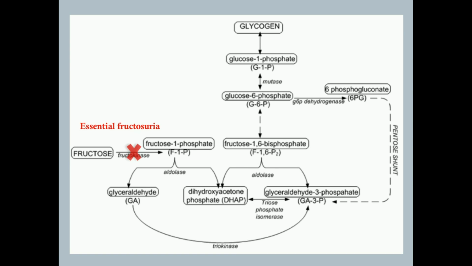I imagine it might be possible that if these people have a diet really high in fructose, since all that fructose gets urinated out, they aren't going to be using those calories, and so these people may be a little thin, but I'm not sure about that. So fructose gets peed out. Otherwise, no problems with this disorder.